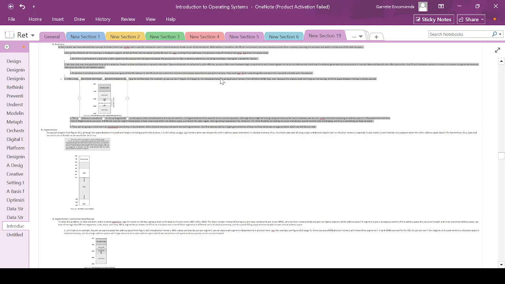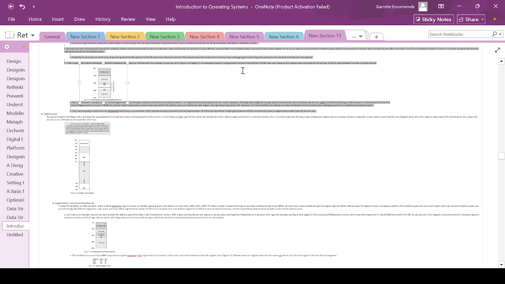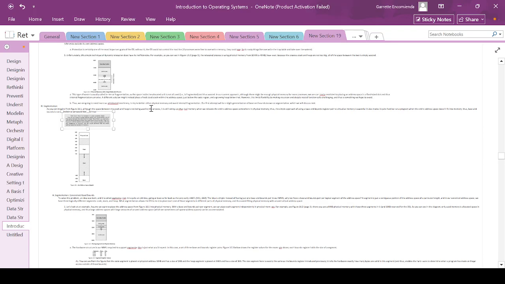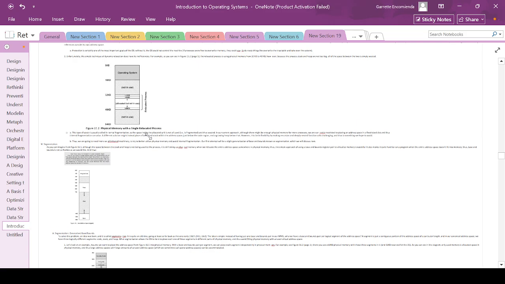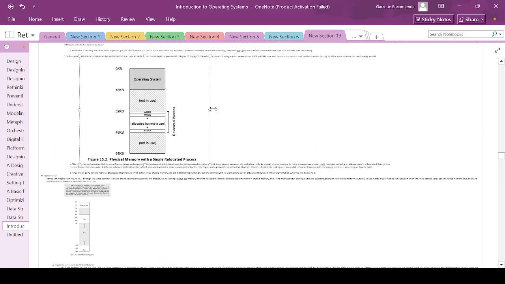If processes were free to overwrite memory, they could easily do nasty things like overwrite the trap table and take over the system. Unfortunately, this simple technique of dynamic relocation has its inefficiencies. For example, as you can see in figure 5, the relocated process is using physical memory 32 to 48 kilobytes.